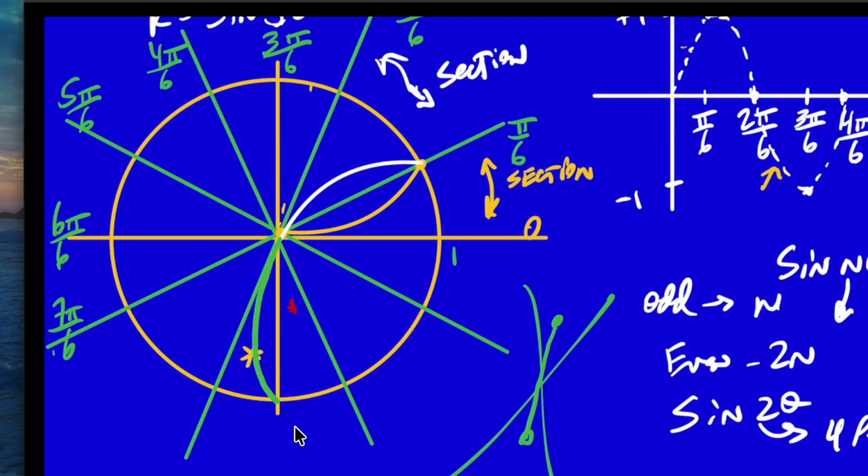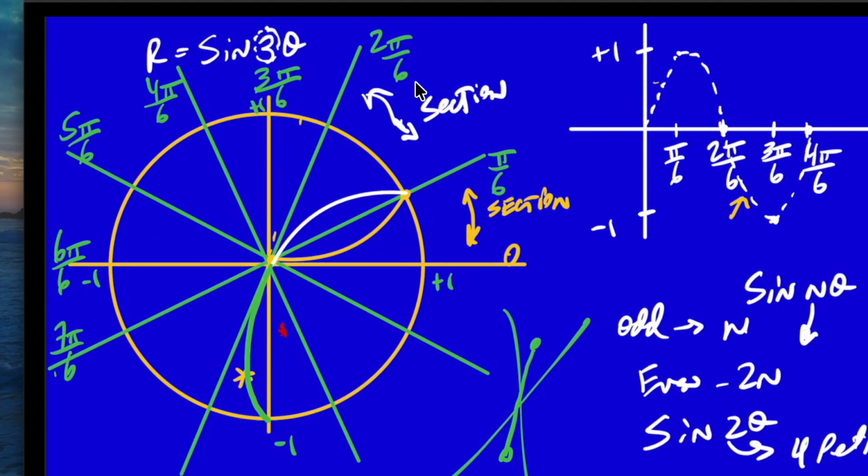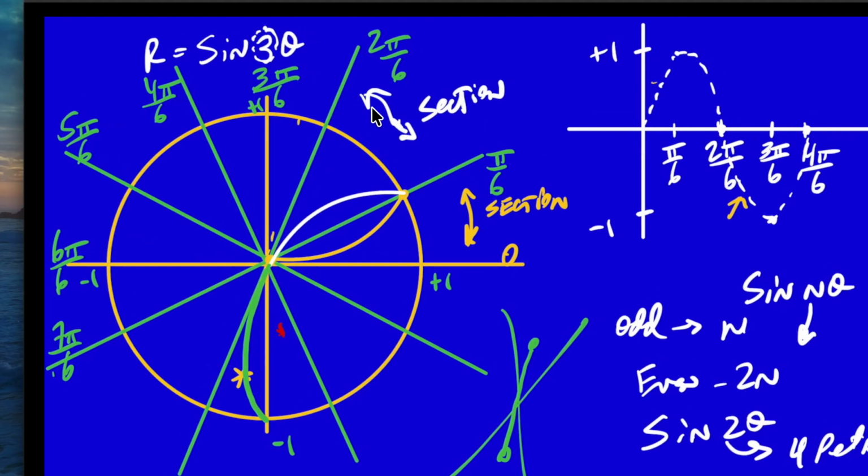I forgot to mention that it is +1, -1, -1, +1. So that tells us when we're moving to -1, we don't go in this section, we go in that section, the sister section of where it would be, since we're moving from 2 pi over 6 to 3 pi over 6.